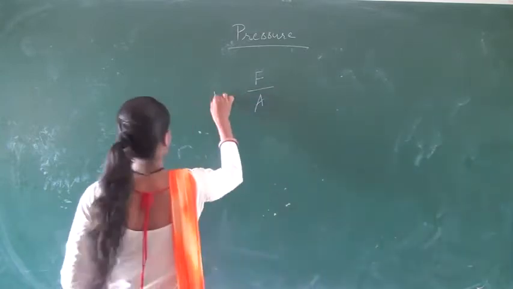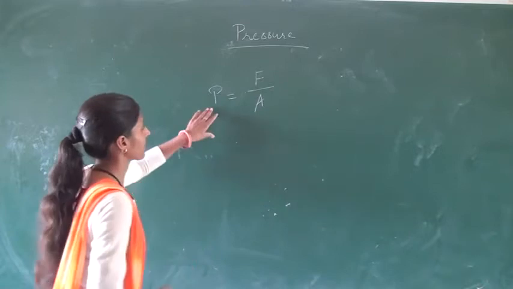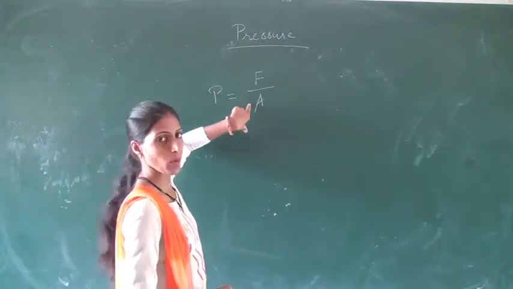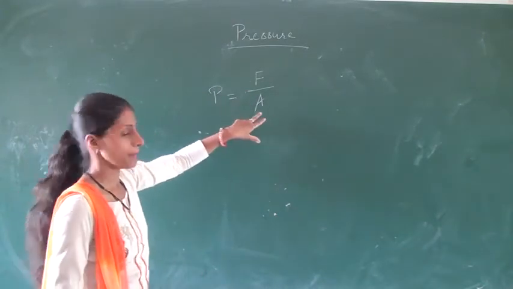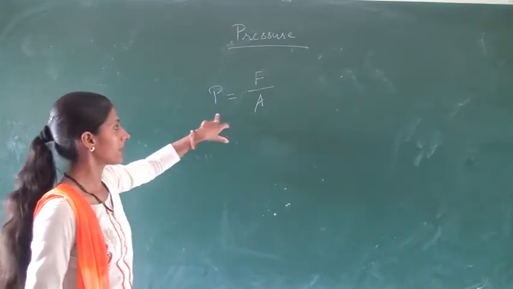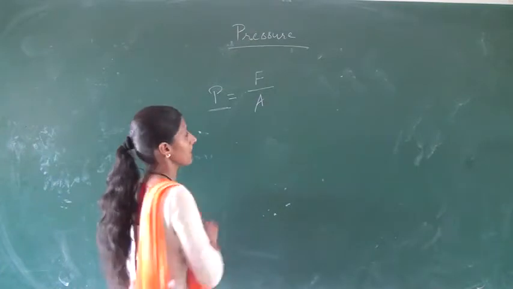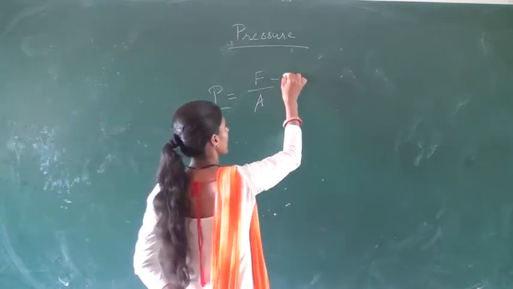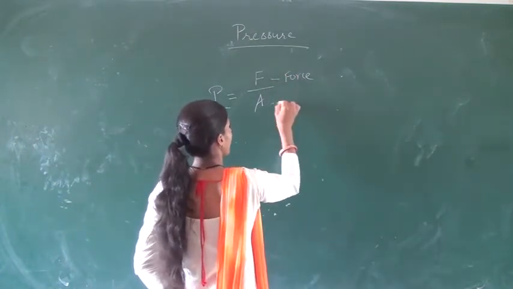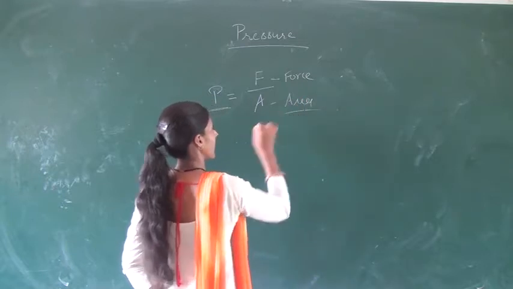Pressure is denoted by P. P is equal to F upon A. This is the mathematical representation of pressure. Here P is the pressure, F is the force and A is the area.